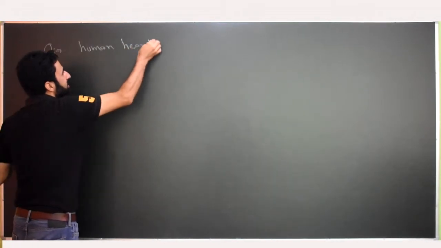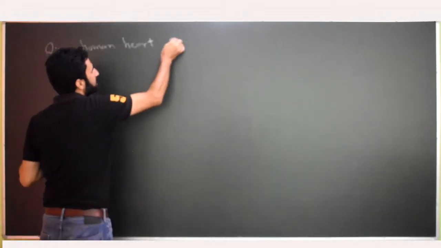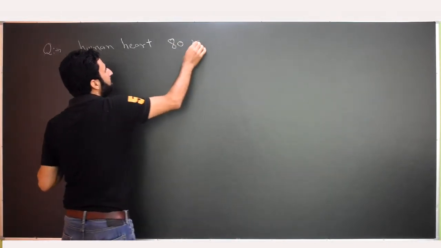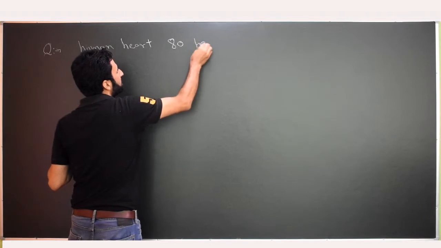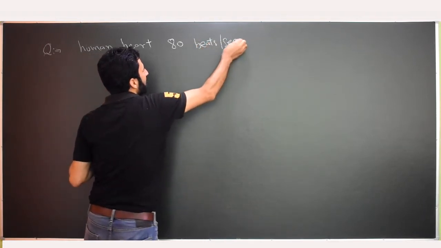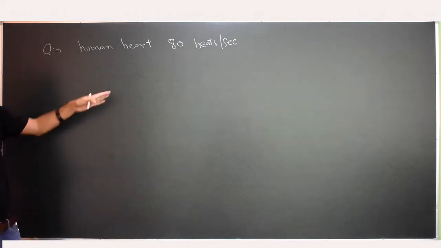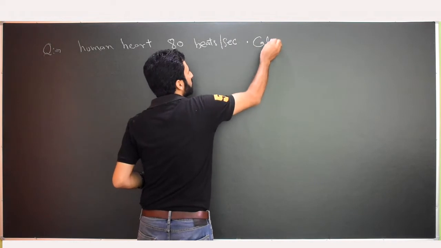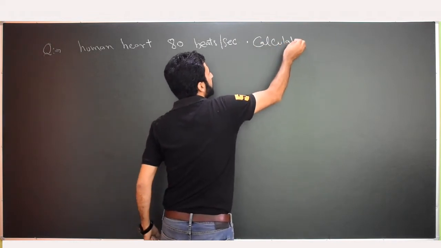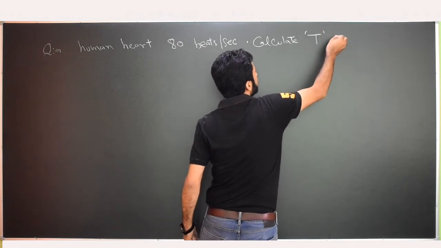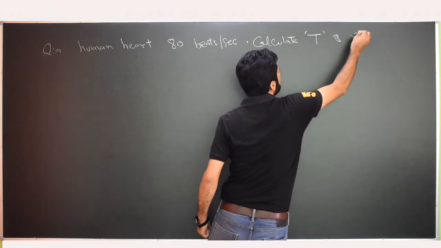In normal cases, let's say it has 80 beats per second. So a human heart beats 80 times per second, and you are supposed to calculate its time period and frequency.